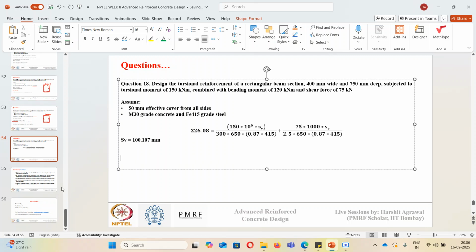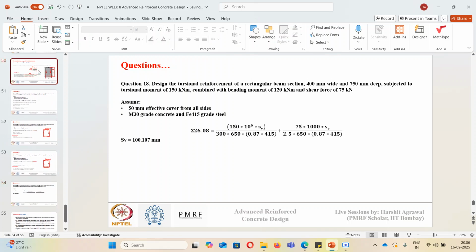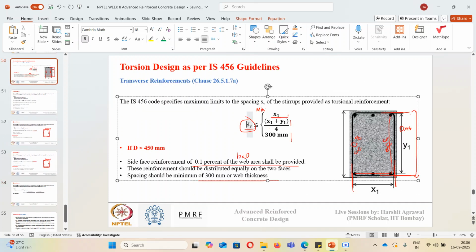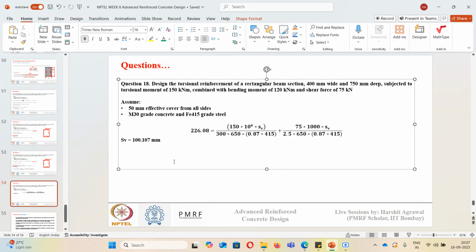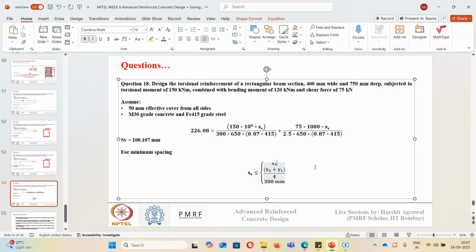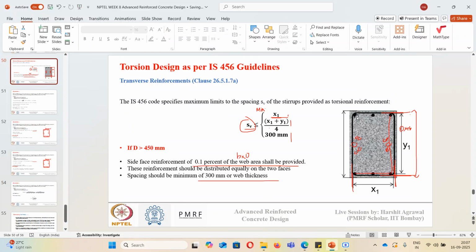So for this we had the three relationships that we were concerned with. I'll just copy this formula. So for minimum spacing, we'll see this. x1 is the end to end distance, not the center to center distance. So I will estimate end to end distance. For this I need to know the reinforcement diameter also.